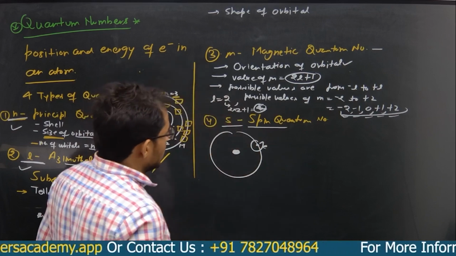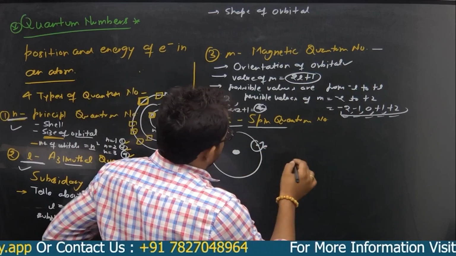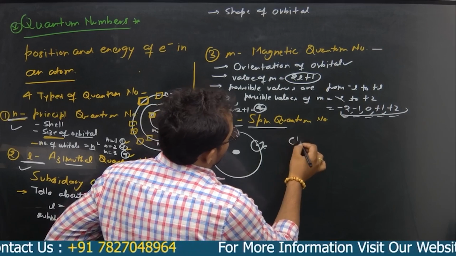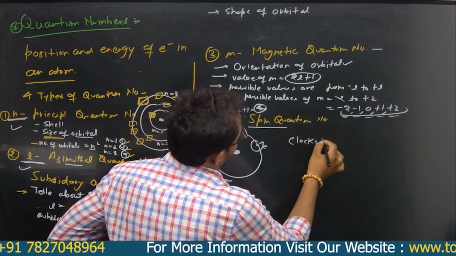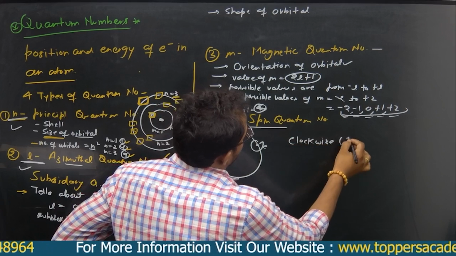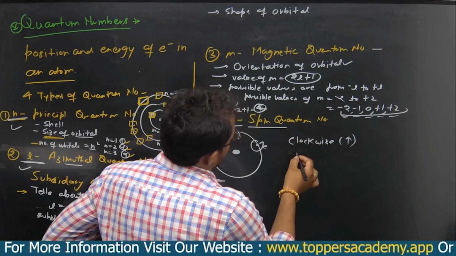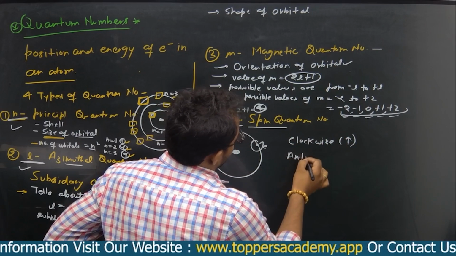Its spin may be of 2 types. One is clockwise, which is generally represented by an up arrow, and the other is anti-clockwise.